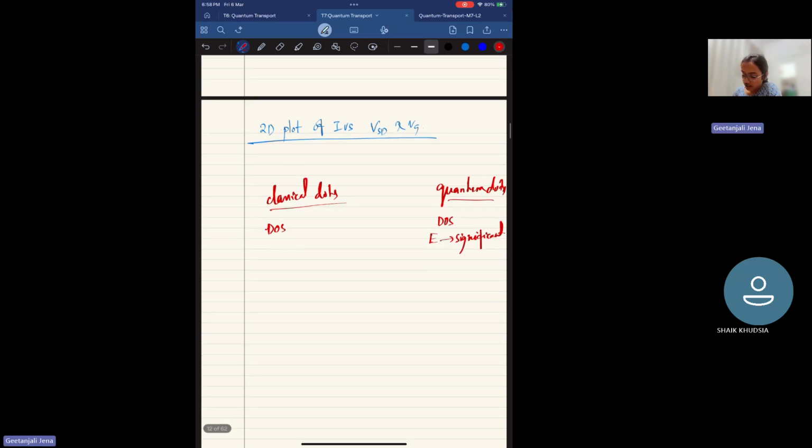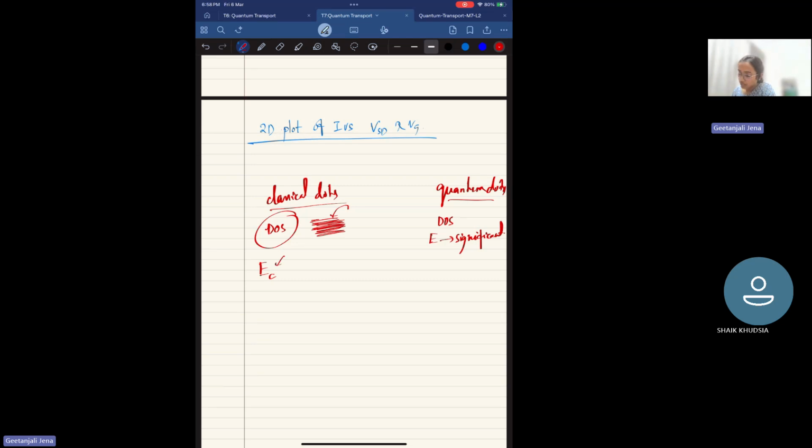For a classical dot, we assume that whatever energy is required to add an electron is completely the charging energy, because we assume that the energy levels are continuous. So to add one electron to this system, we only need the charging energy.